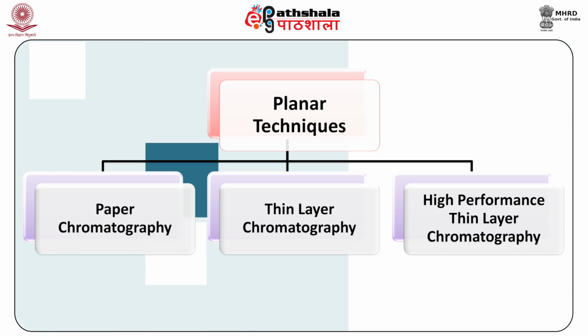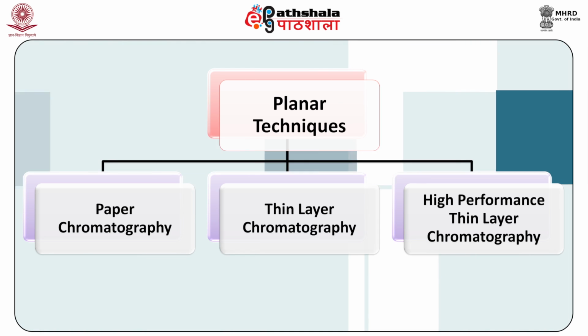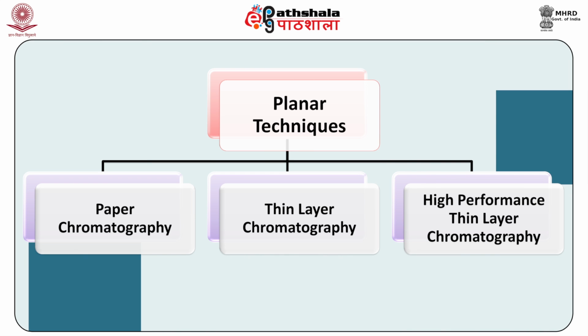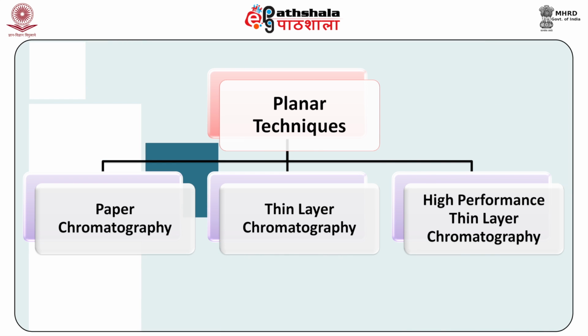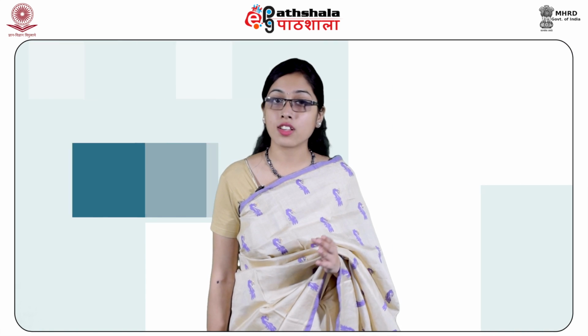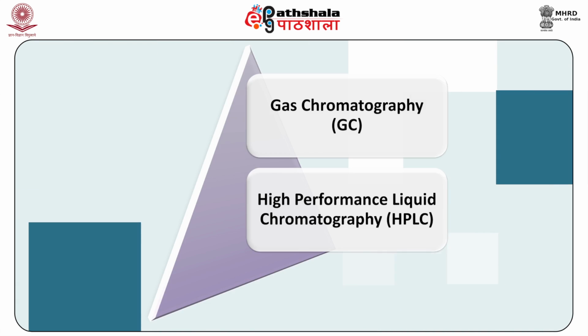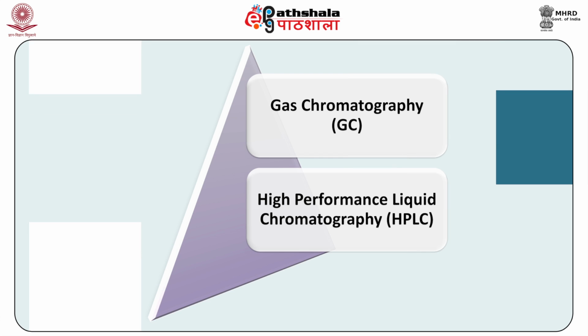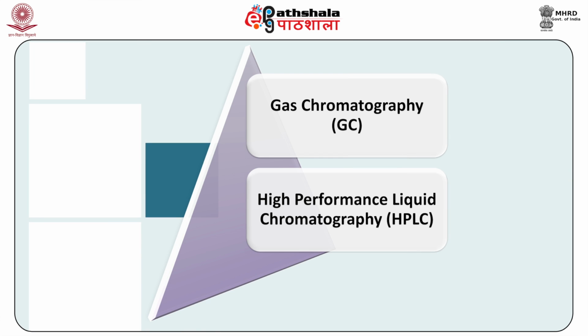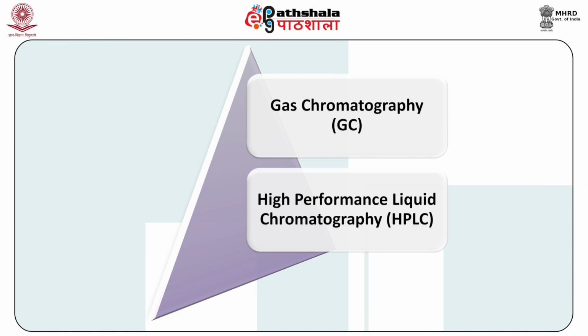Paper chromatography, thin layer chromatography or TLC, and high performance thin layer chromatography or HPTLC are different types of planar techniques. Column chromatography has a stationary phase held in a column or a narrow tube. Most common types are gas chromatography or GC and high performance liquid chromatography or HPLC.